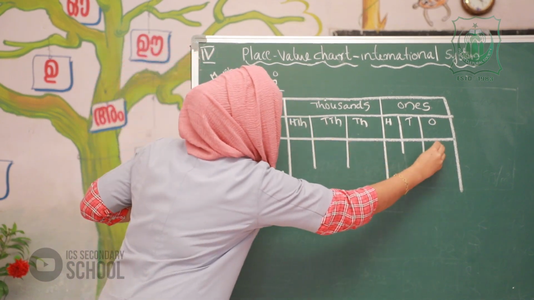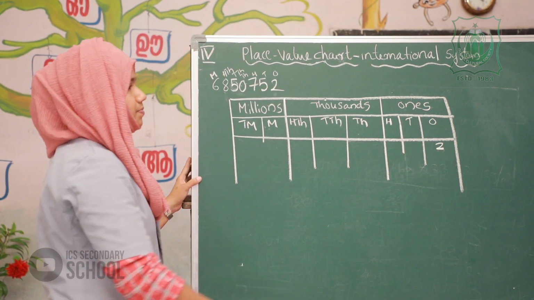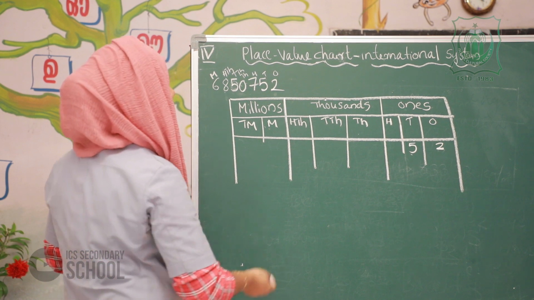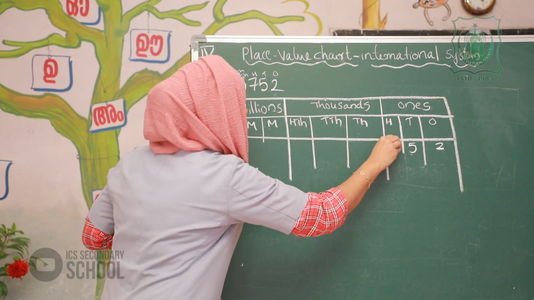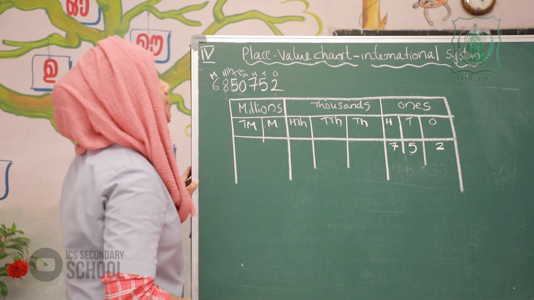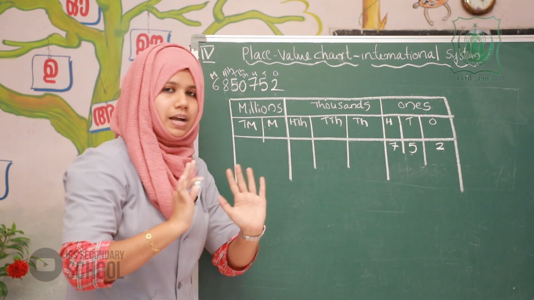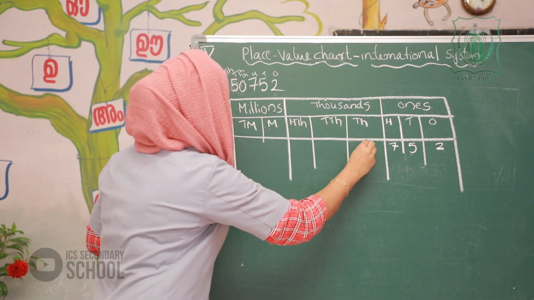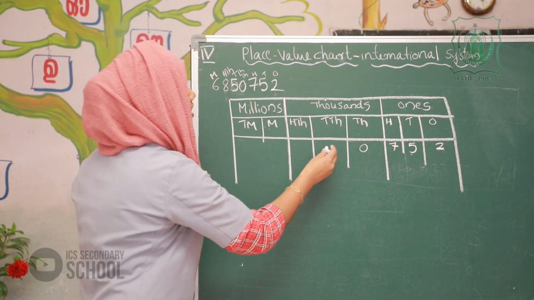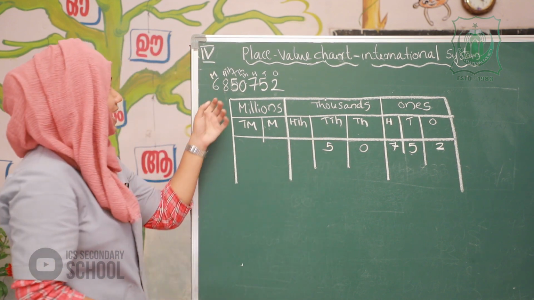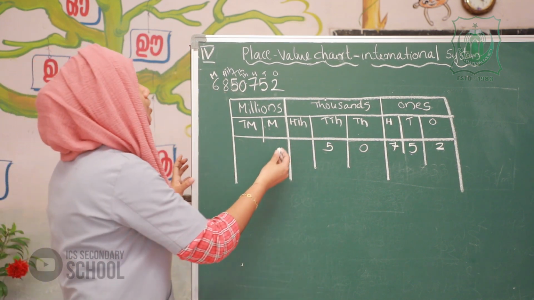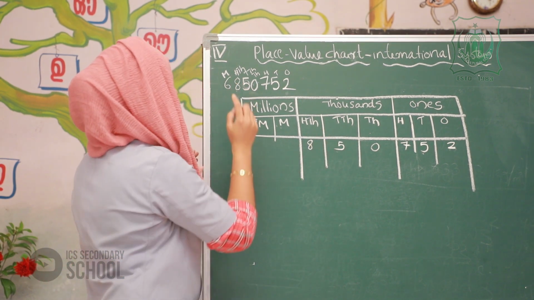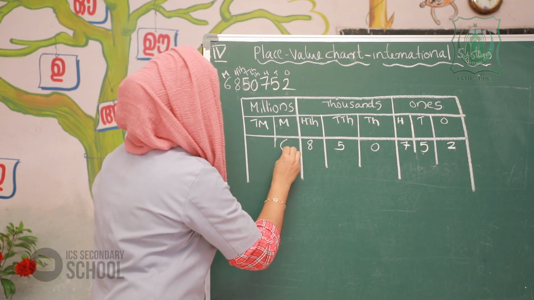So 2 in the ones place, 5 in the tens place, 7 in the hundreds place. So the first period is completed. Next, 0 in the thousands period, 5 in the ten thousands period, 8 in the hundred thousands period. Okay. Next, 6 in the millions period.